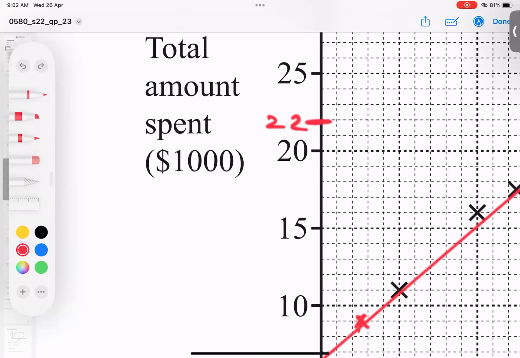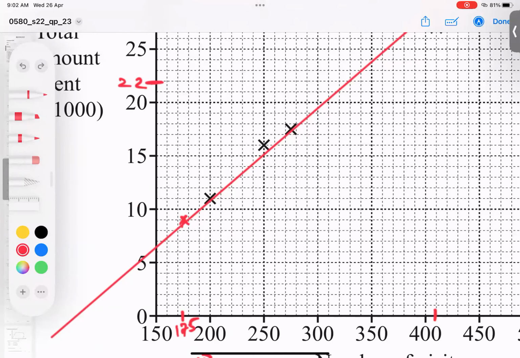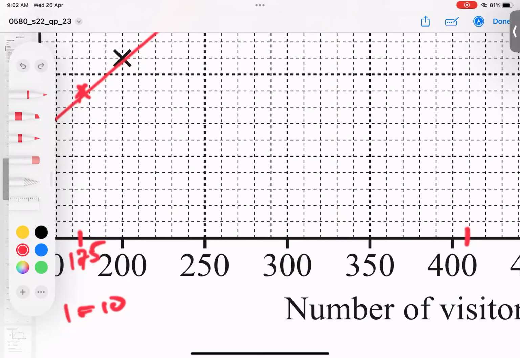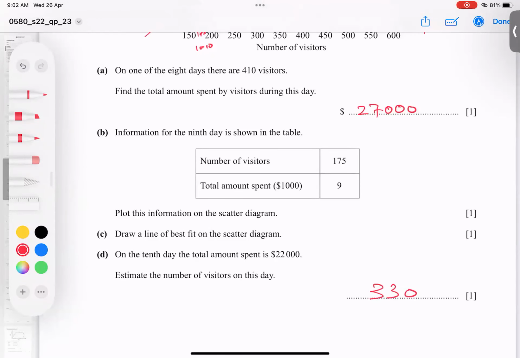I think it's clear. So let's go from here and go to the line. And you know each box is 10. So 310, 320, 330. 330 visitors are there. So Mabruk, 330 visitors are there.